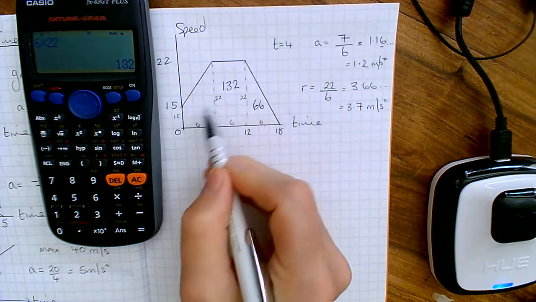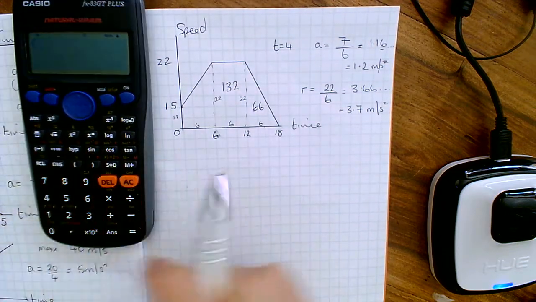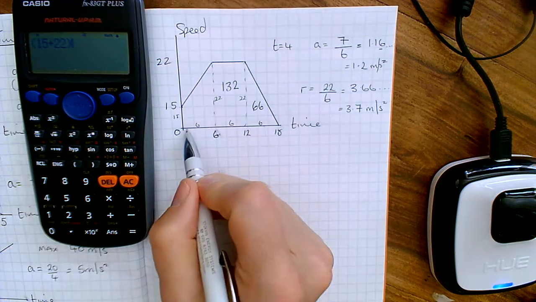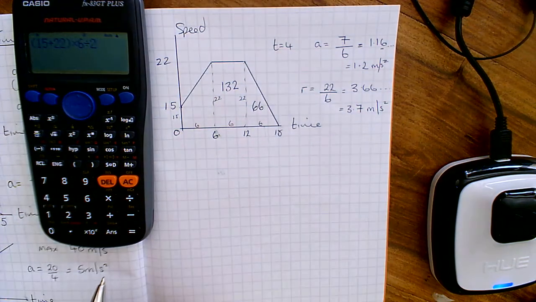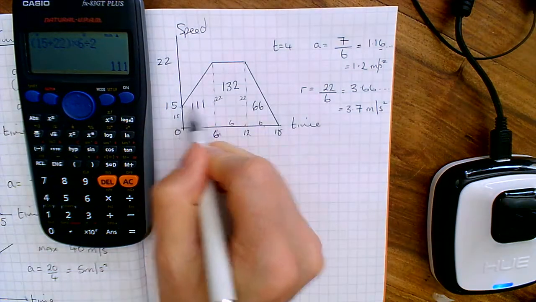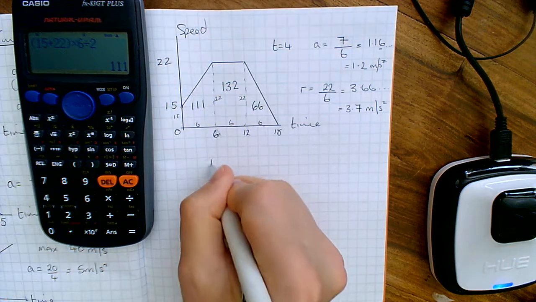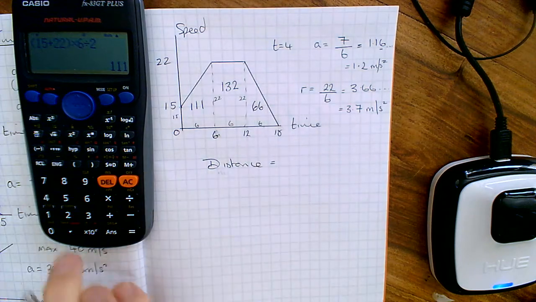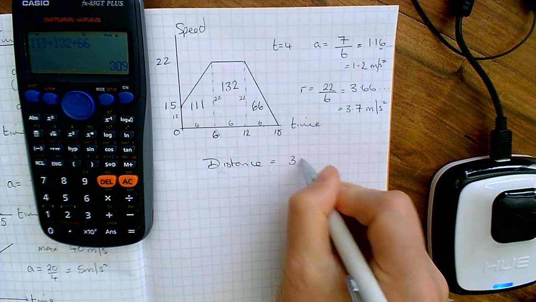And the area of this one, now this is a trapezium on its side. So to work out a trapezium, in brackets, you add up the 2 parallel sides, so 15 plus 22, close your bracket. You multiply by the distance between, so multiply by 6, and then you divide by 2 to get the area of a trapezium. So that one's 111. I could have split that into a triangle and rectangle, but I just wanted to go for 3 different types. So the distance travelled is equal to these 3 added together, so 111 plus 132 plus 66, so I've got 309.